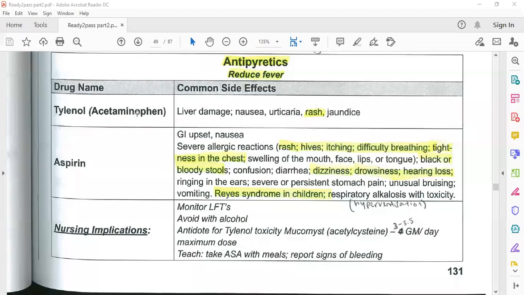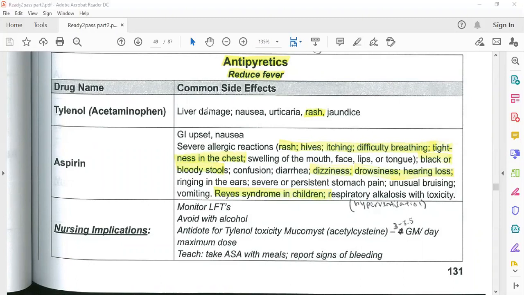Acetaminophen, what the NCLEX board asks in the question. Keep in mind, we do not give acetaminophen if the patient has a liver problem or liver failure or renal failure. Acetaminophen overdose can cause liver damage, right?